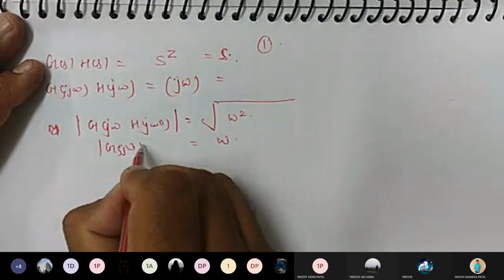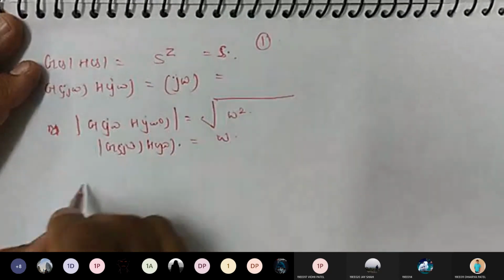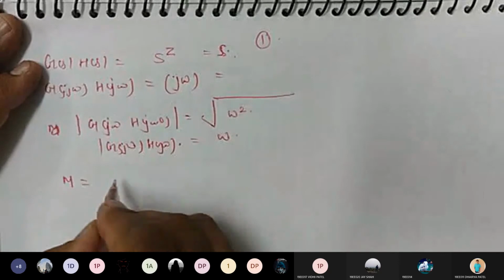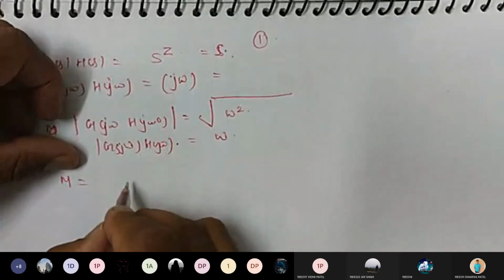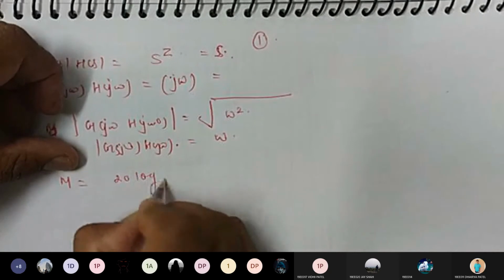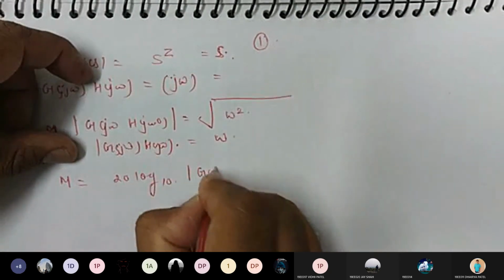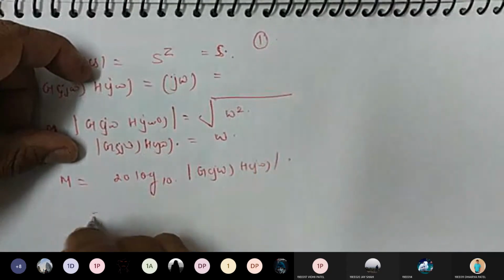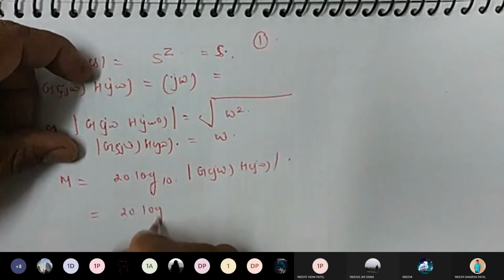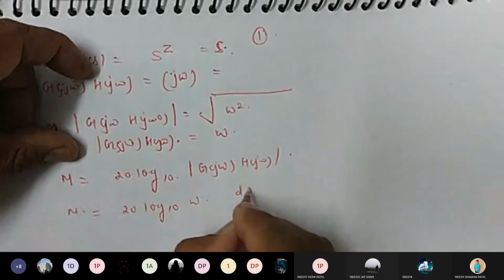For the pole, what answer did you get? Now magnitude is equal to 20 log 10 magnitude of g of j omega h of j omega. So it will be 20 log 10 omega in terms of dB.